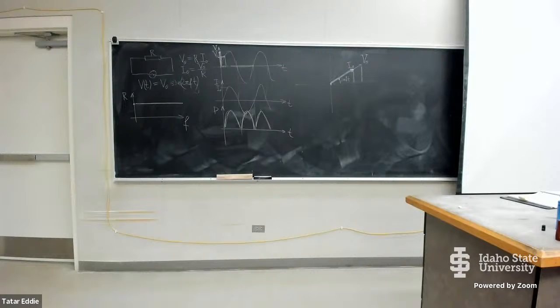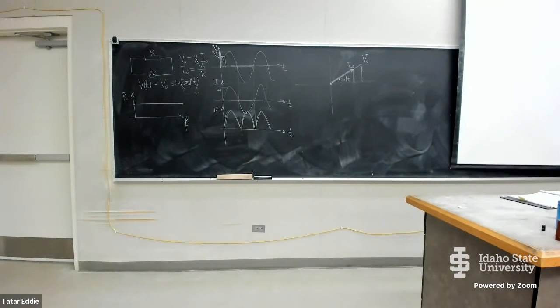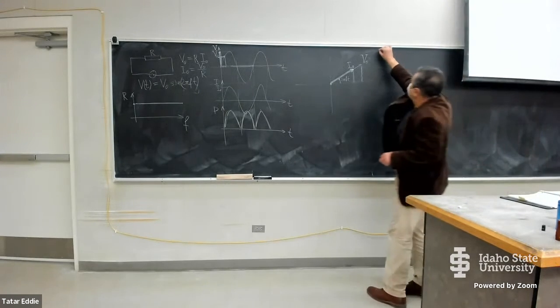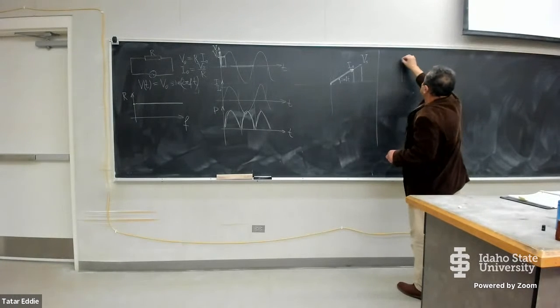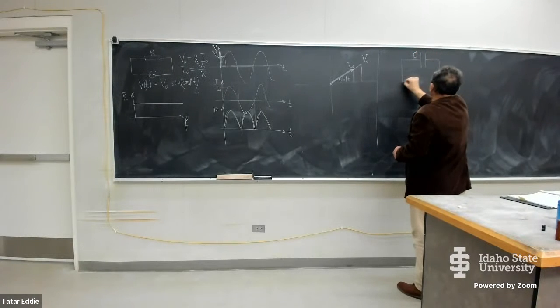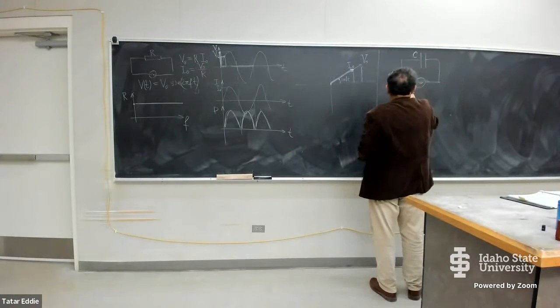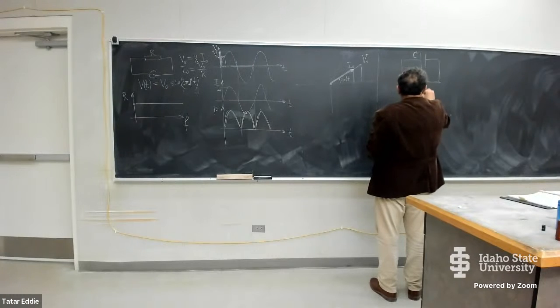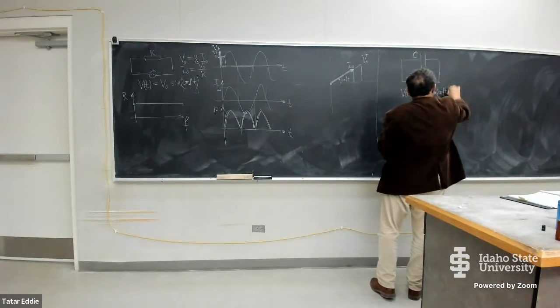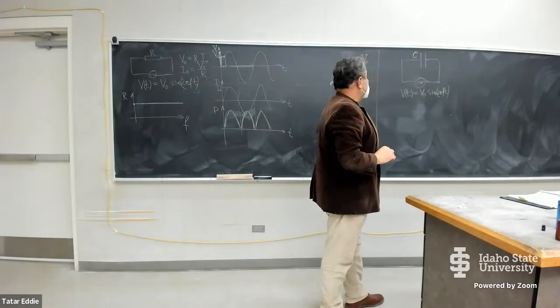Let's do the same type of reasoning for a different circuit. A circuit now that contains a capacitor with capacitance C connected again to an AC power supply with voltage amplitude V naught times sine again of 2 pi ft, exactly the same generator.